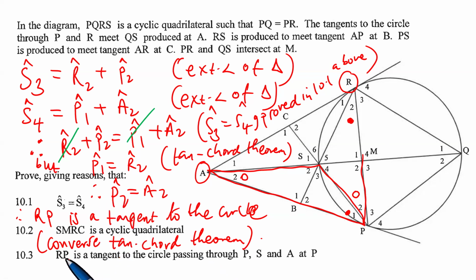We considered that RP is a tangent to the circle that passes through the point P, the point S, and the point A at the point P. So we've been able to show that RP indeed is a tangent, so that the angle between the tangent and this particular chord equals the angle in the alternate segment. And we've been able to prove that.